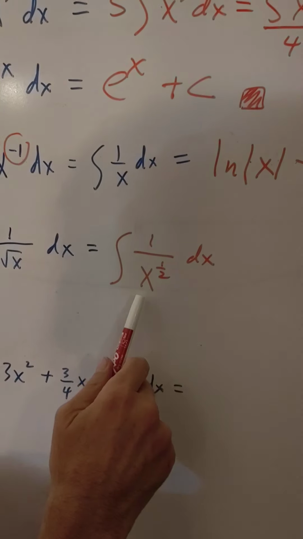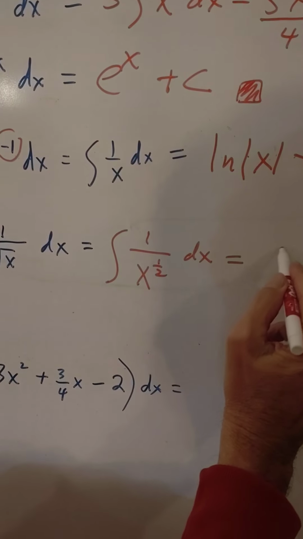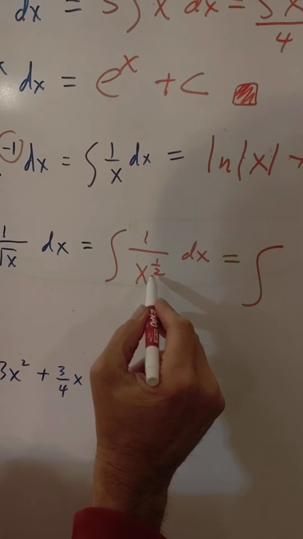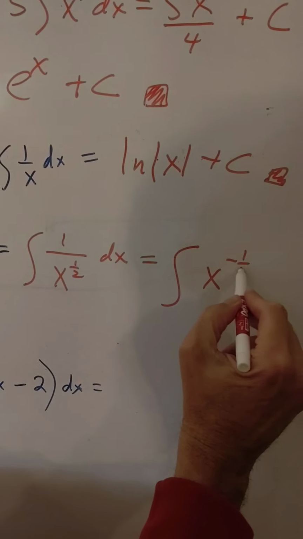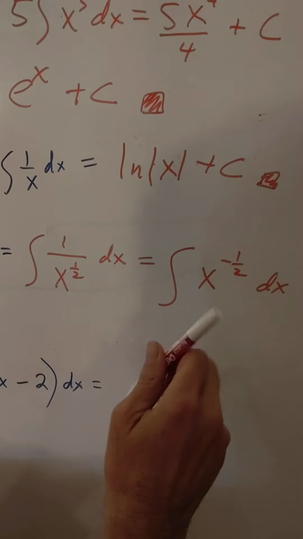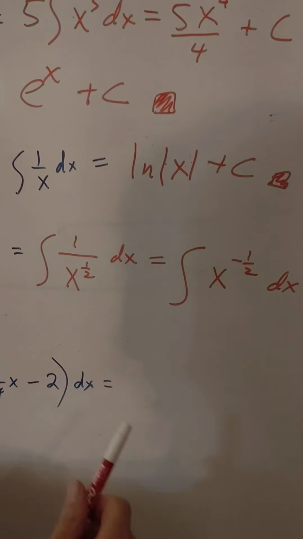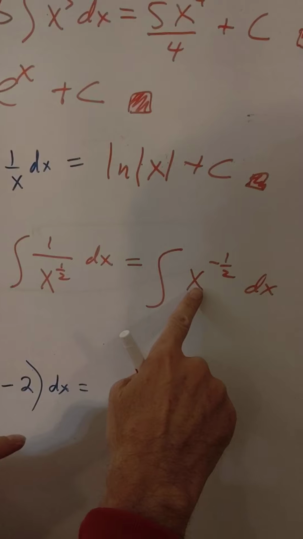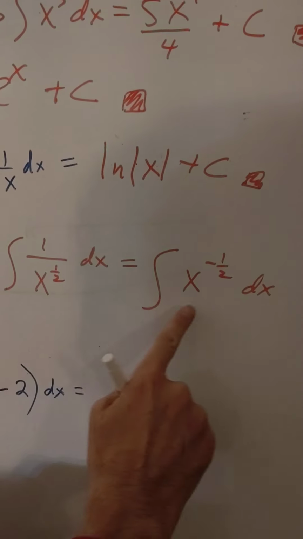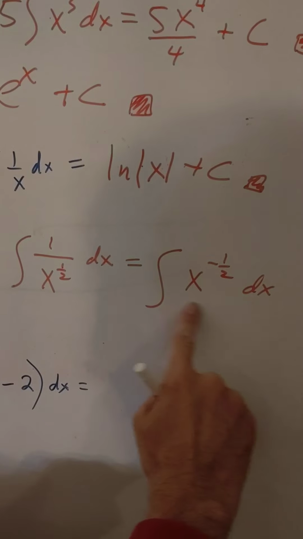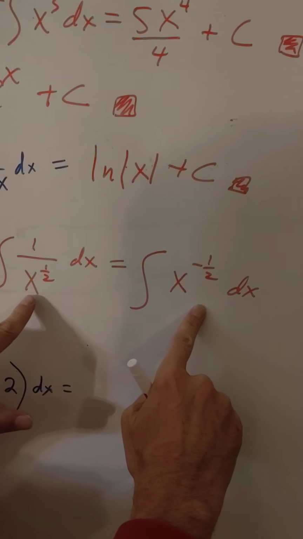So to avoid a quotient, I'm going to do this key step. Bring the x to the 1/2 on the bottom upstairs as x to the negative 1/2. So try to feel comfortable with those rules of exponents. And as a check, isn't x to the negative 1/2 the same thing as 1 over x to the 1/2? So this looks kosher.